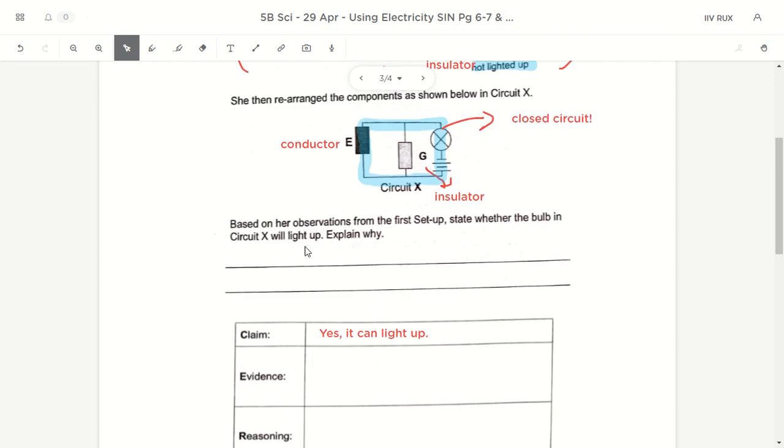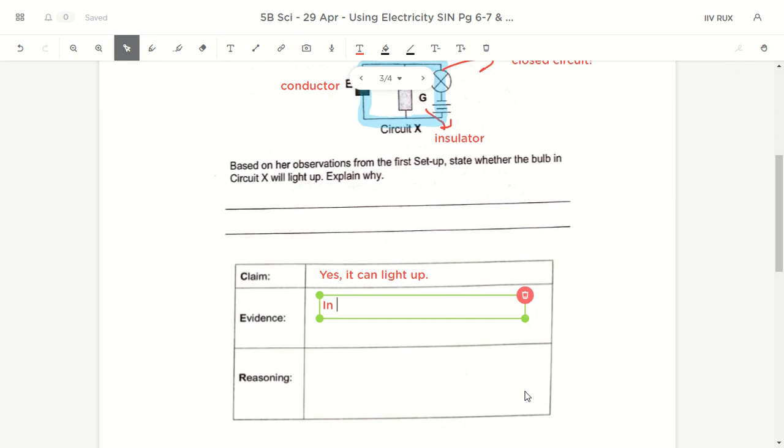So let's look at the evidence. The evidence is what we can see from the diagram. We know that E must be a conductor based on the information given above.